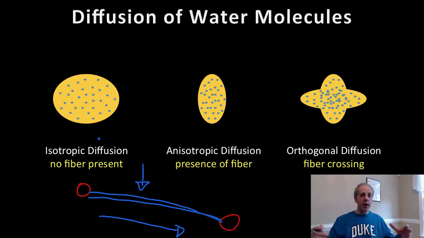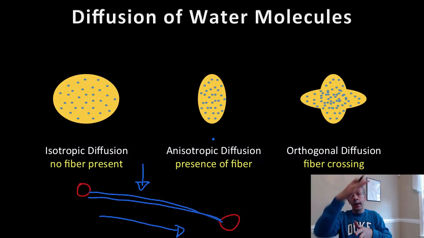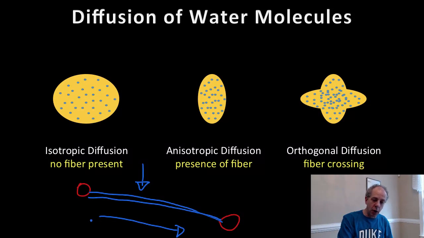So for example, if we try to diffuse the water and it goes in every direction, there's basically no cables. If we try to diffuse the water and it goes in every direction but one, basically there is a cable in the orthogonal direction, in the perpendicular direction. So if it goes every place but it just has really difficulties going in this direction, then something is stopping it in this direction.